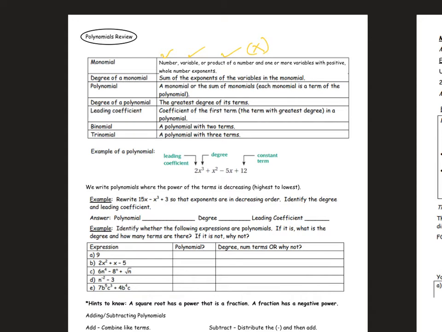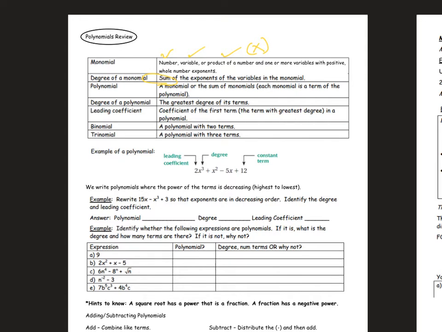The degree of the monomial is the sum of the exponents of the variables in a monomial. So make sure you got that word sum. The sum means you're going to add them all up. So the sum of the exponents of the variables. A polynomial is a monomial or the sum of monomials, and we'll talk about that as we go.